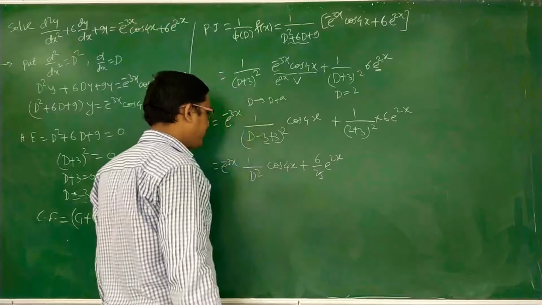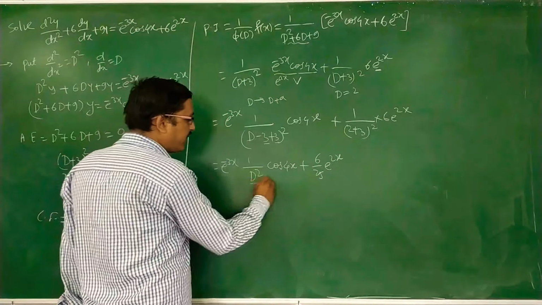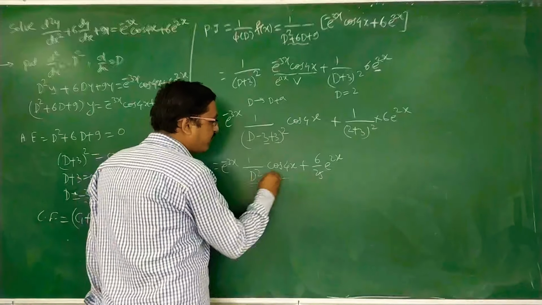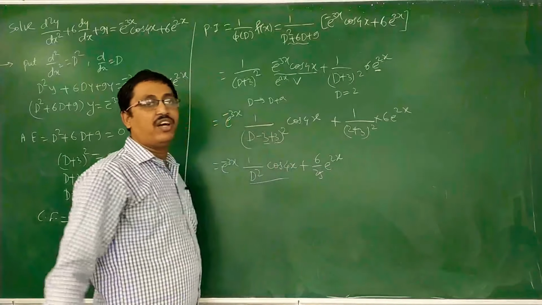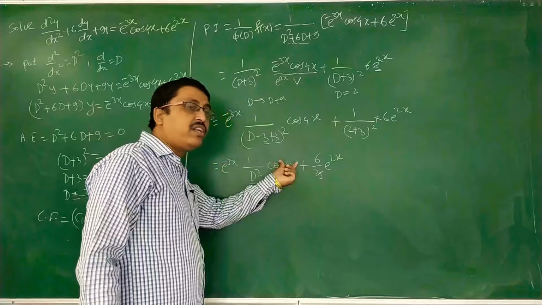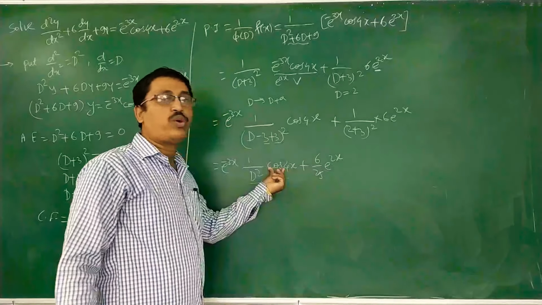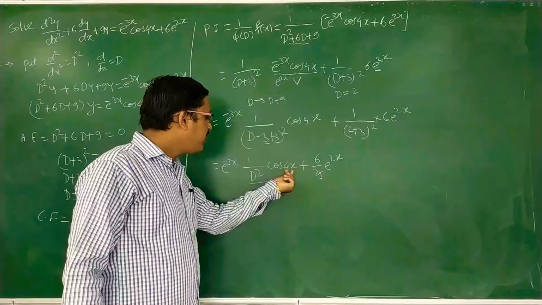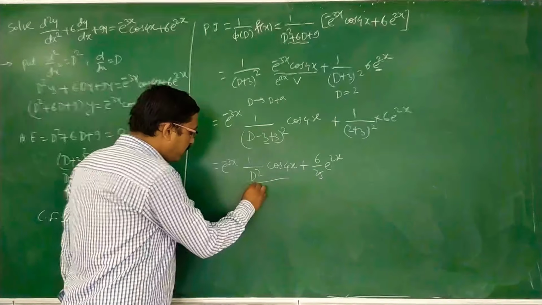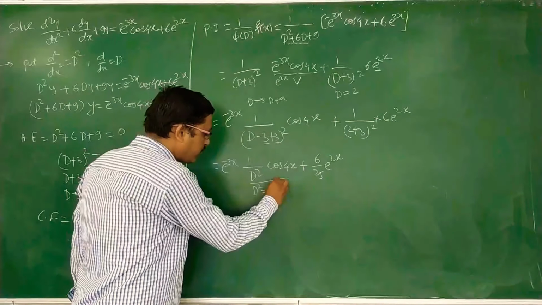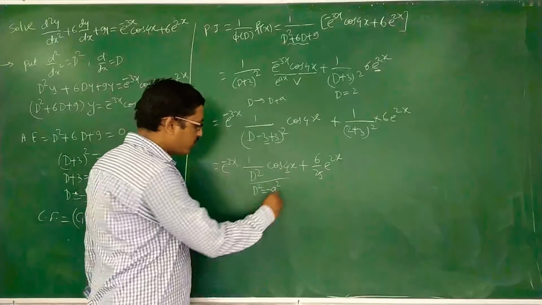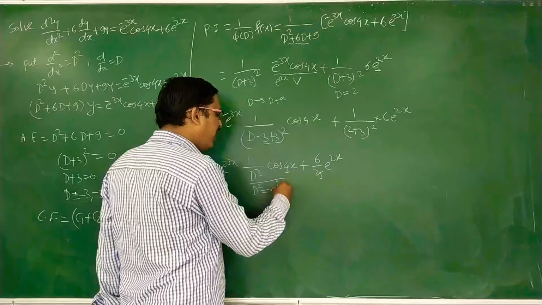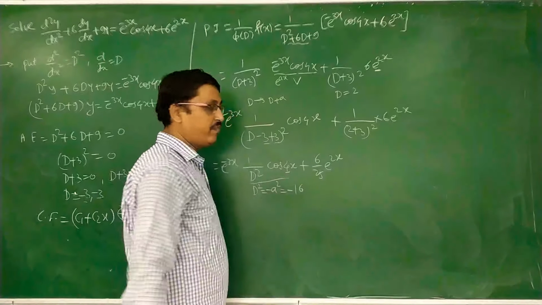Now for this first part, again there is a term D² and here a cos function is there. So again we will use the shortcut method. For f of x equal to a cos function, replace D² by -a². The value of a is 4 here. So replace D² by -a², 4 squared, that is 16.